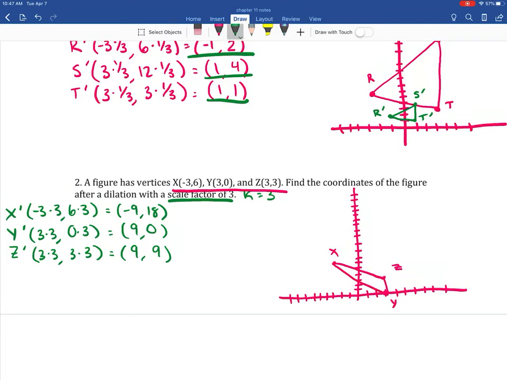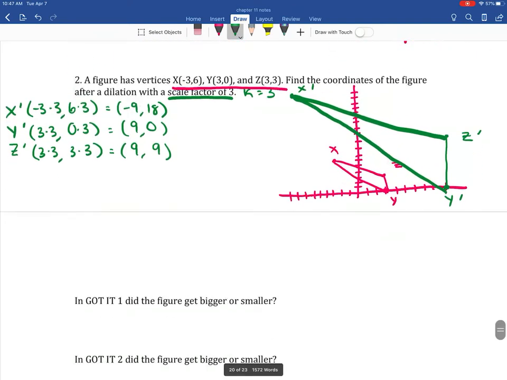Now we'll go for the green for the image. -9, 18. 9, 0, and 9, 9. And that triangle got way bigger. It got 3 times bigger.